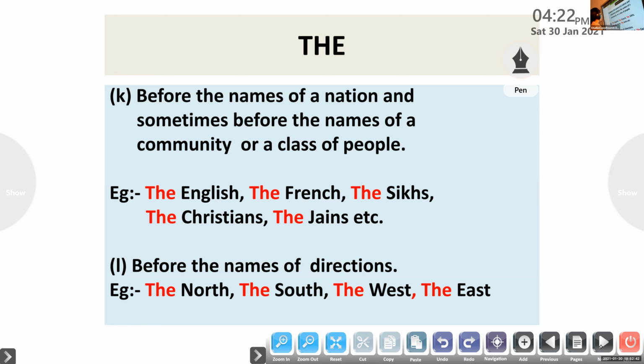Those who speak English come under the title called the English. Those who speak French come under the title called the French. Okay, not the French fries. The Sikh community of people. Christian is a community of people. Hindu is a community of people. So when we mention a community of people, we should use 'the', the definite article.